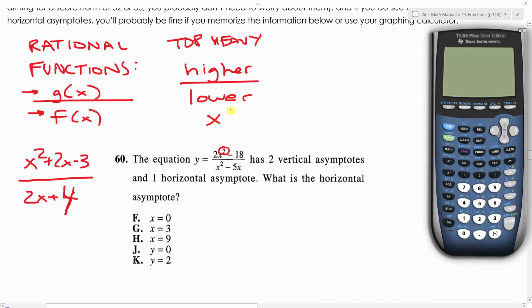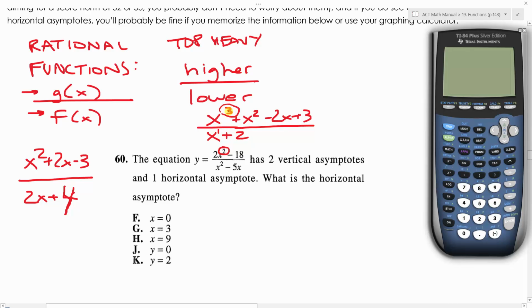So for instance, if I had x cubed plus x squared minus 2x plus 3 over x plus 2, this would be known as a top heavy function, where we have a degree in the numerator that is higher than, remember there's a 1 on this x, the degree in the denominator.